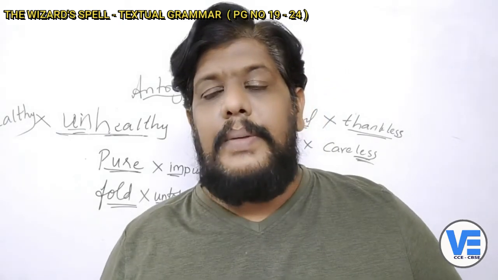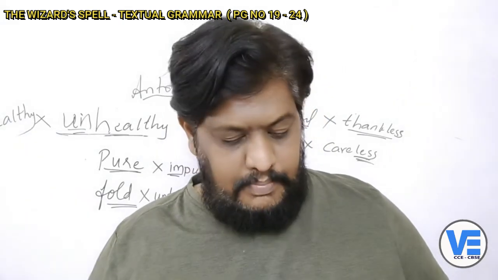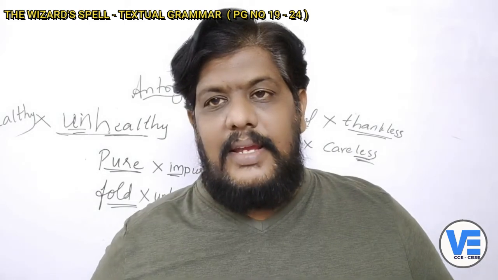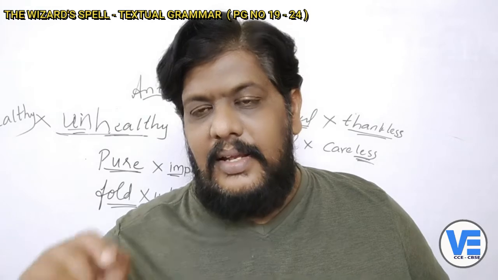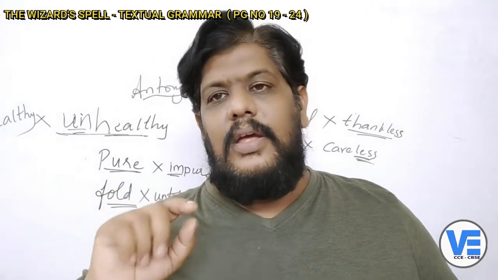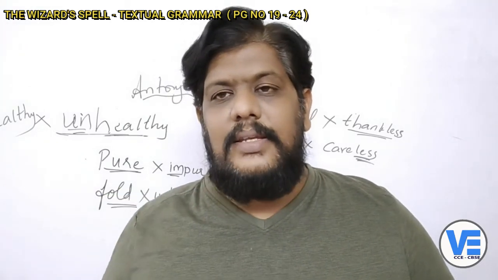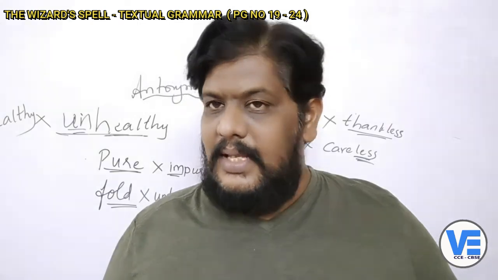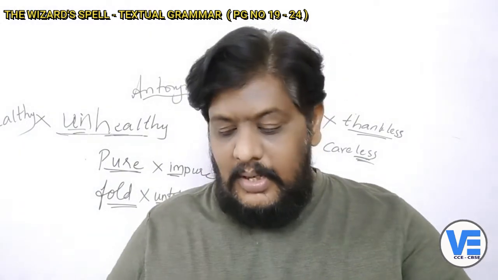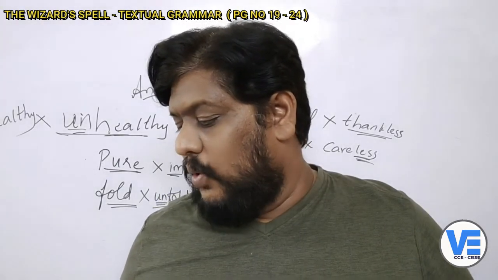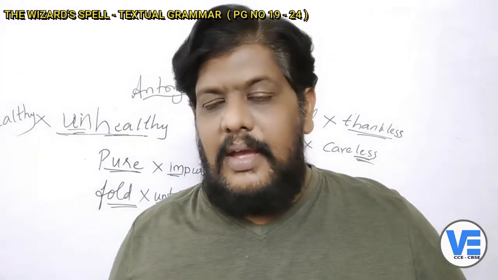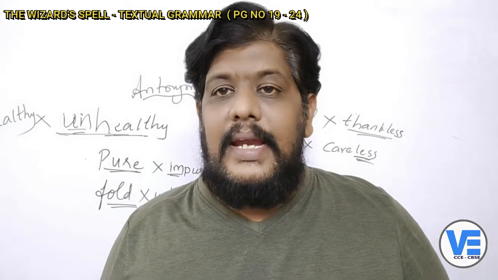He is capable, but his brother is incapable. What is the prefix we have added here? In. The word in we have added to make the word incapable. That is the antonym. The teacher wanted discipline in the class, so she punished anyone who created indiscipline.